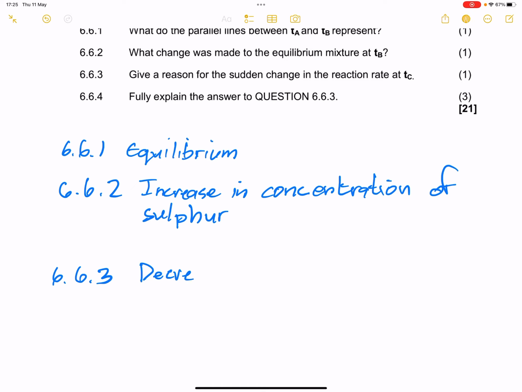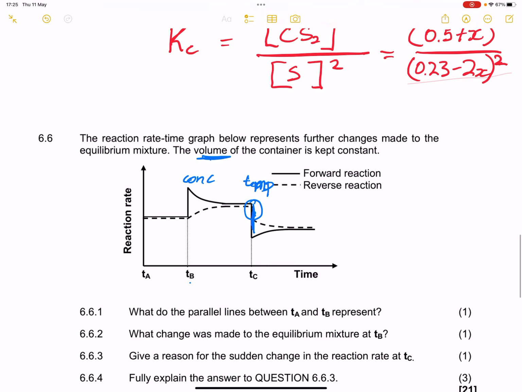So there was a decrease in temperature. And they say to us, fully explain your answer in 6.6.3. Now, here's another thing that I want you to note.